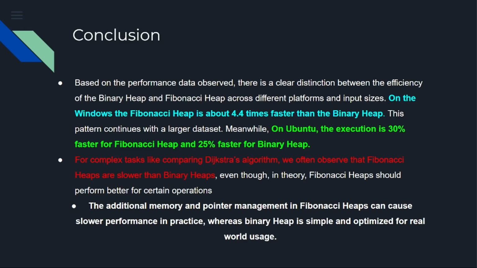While comparing for Dijkstra's algorithm, we found that the Fibonacci heap was slower than the binary heap, even though in theory it should be better in terms of performance. This happened due to the additional memory and pointer management in the Fibonacci heap, which causes slower performance in practical use.